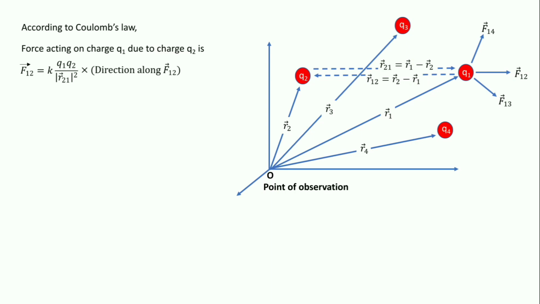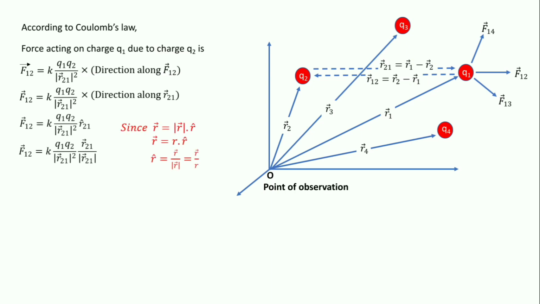Now observe, the direction of displacement vector r21 and F12 are the same. So we can replace the direction of F12 vector with the direction of r21 vector, writing it as r21 cap. Since we know r vector is equal to the product of magnitude of r vector and its direction r cap, just put the value of r cap in the equation. Combine the denominator. It becomes r21 vector mod cube.